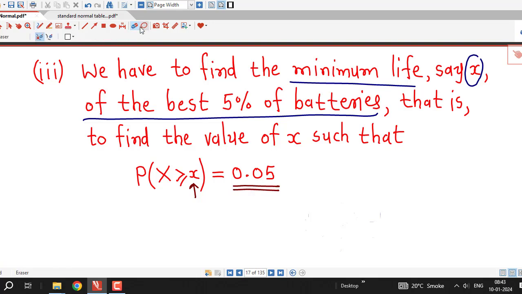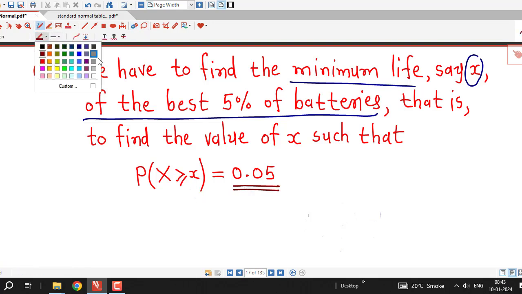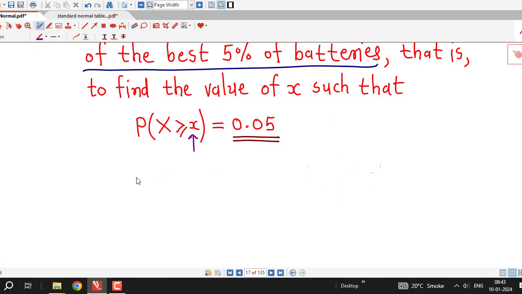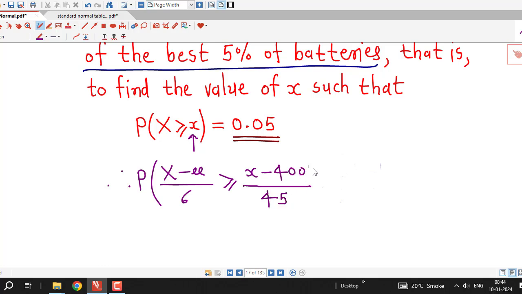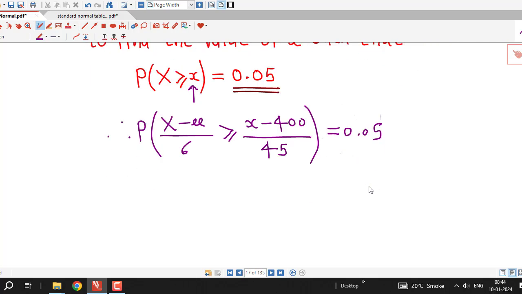Here the probability is given and we have to decide for which minimum lifetime this probability is 0.05. So now I am standardizing. I am subtracting the mean and dividing by sigma. Mean is 400 and sigma is 45.